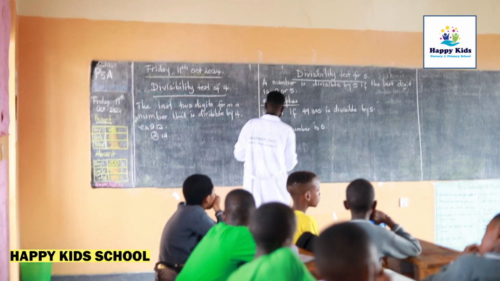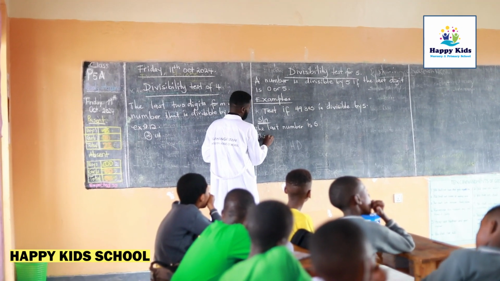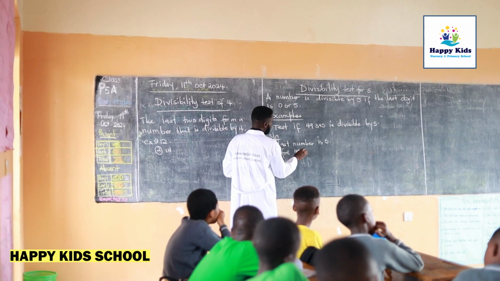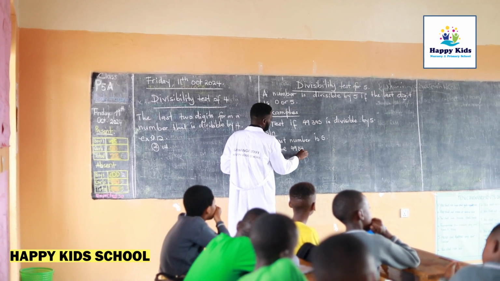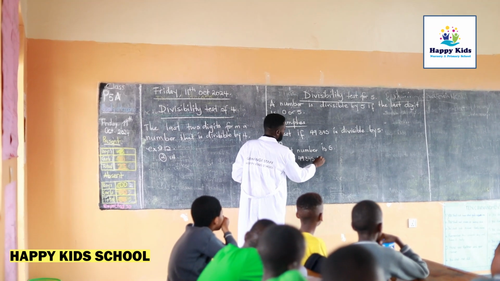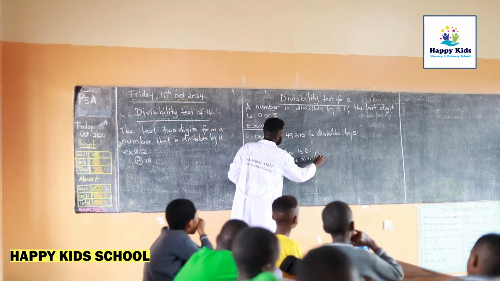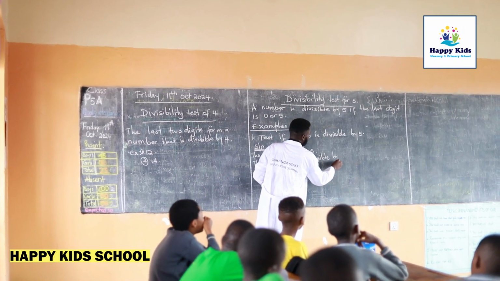So, you conclude by saying, therefore 49,345 is divisible by 5.